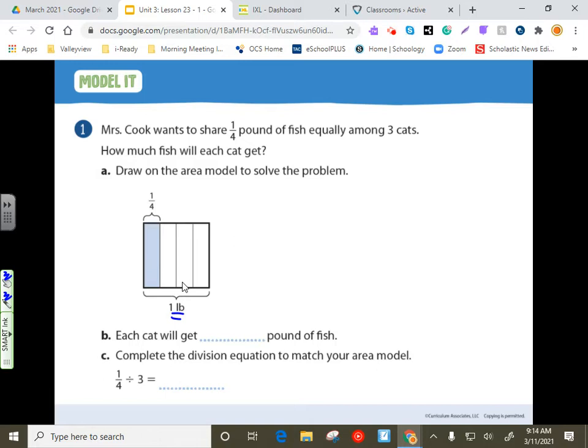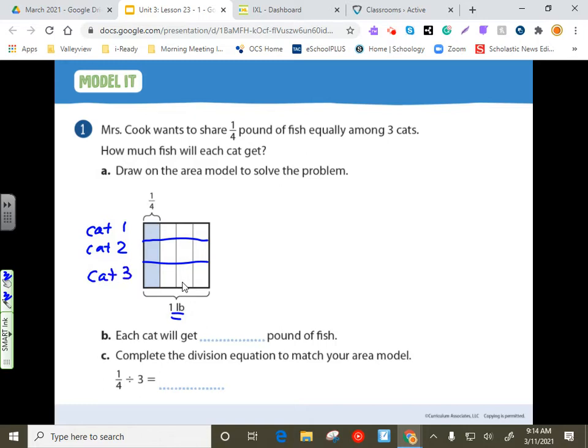And we want to share it between 3 cats. And she wants to know how much she should give each cat. So what we can do is draw these horizontal lines to represent each cat. And over here, just label cat 1, cat 2, and you guessed it, cat 3.